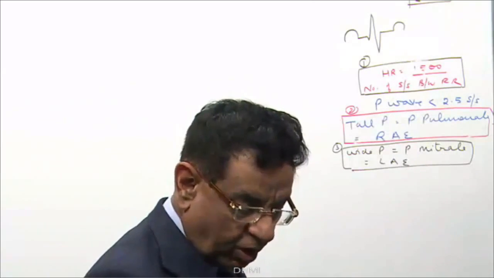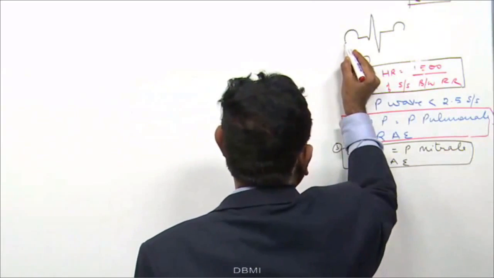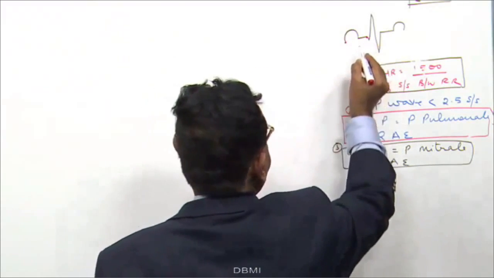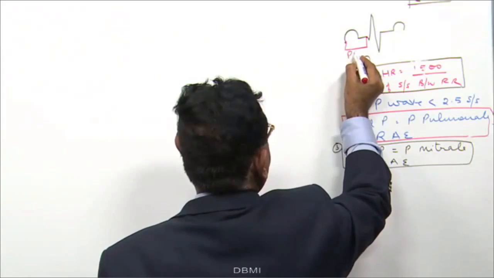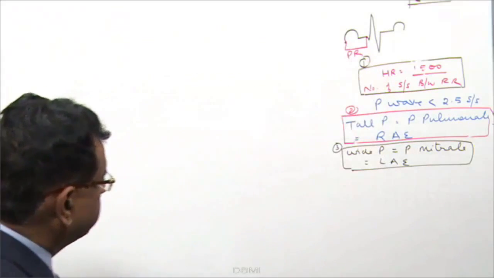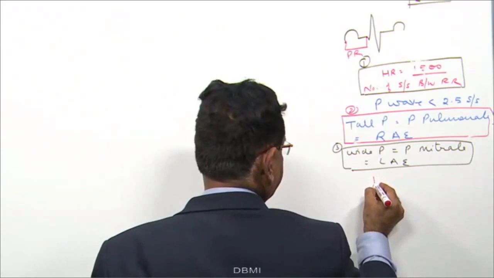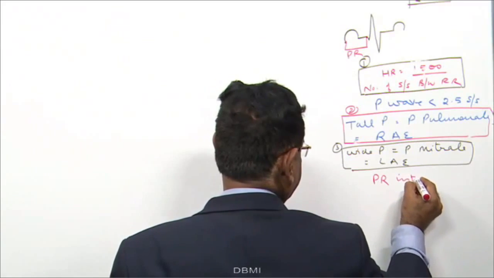In this normal beat, from the point where P wave starts to the point where Q wave starts, this is the PR interval. So the next heading of discussion is PR interval.